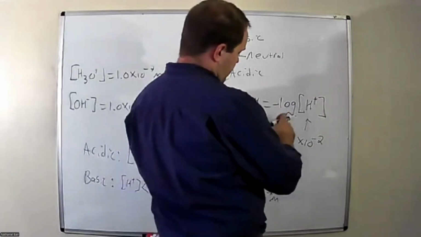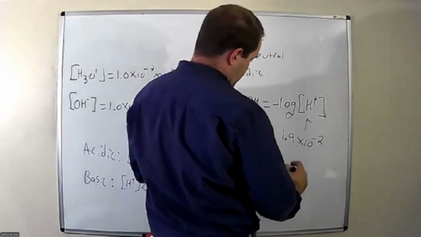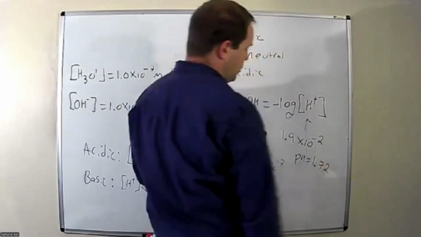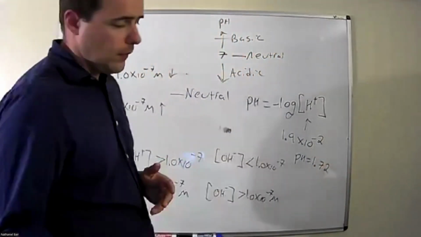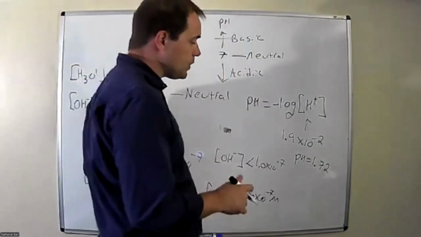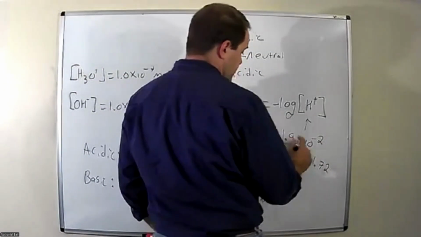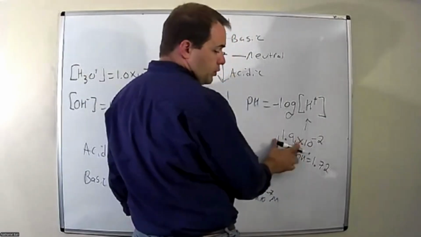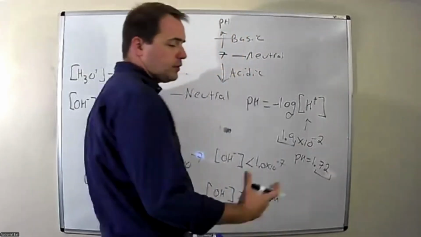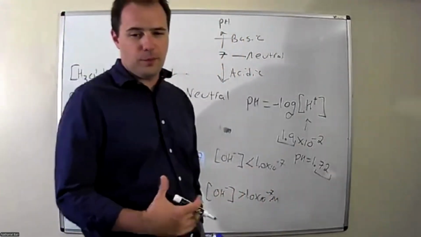So if you punch in negative log of 1.9 e negative 2, we get a pH of 1.72. Here's the rule for logarithms. You ready? The number of sig figs in your concentration is how many places past the decimal you have to go after you've taken the logarithm.